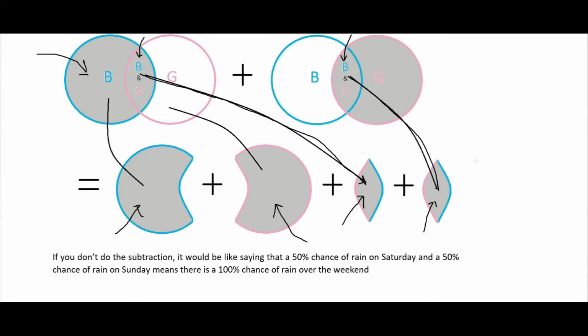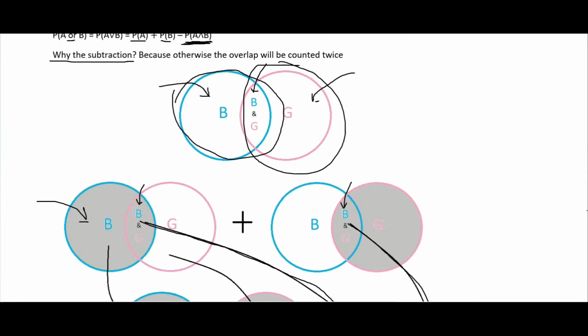I'm belaboring this point because my job in the real world is a tutor in things like chemistry and math, and one of the things I tutor is statistics. In the disjunction, I think this is one of the things that trips people up the most: why are we subtracting this conjunction?